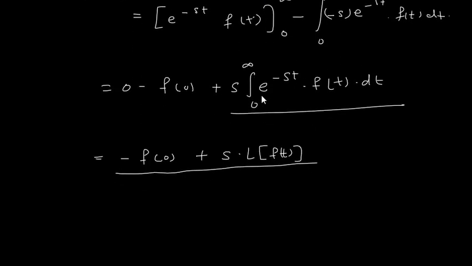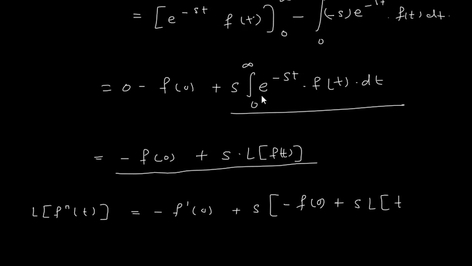If I extend this concept and find Laplace of f double dash t, double dash means I differentiate 2 times. So here I will get minus f dash 0, then plus s times Laplace of f dash t, which as in the previous proof is minus f of 0 plus s into Laplace of f of t.